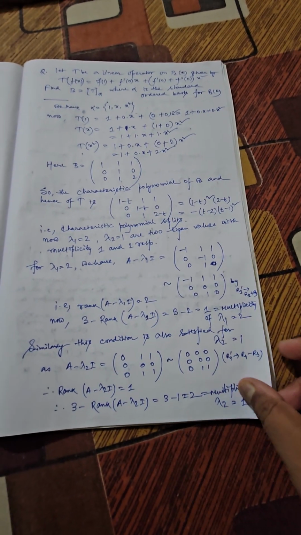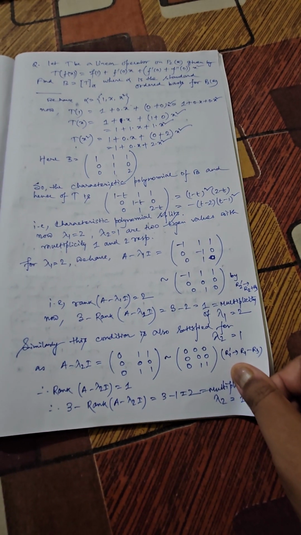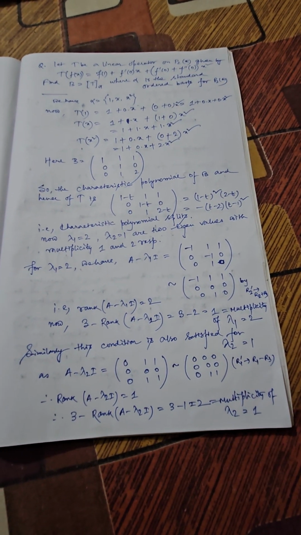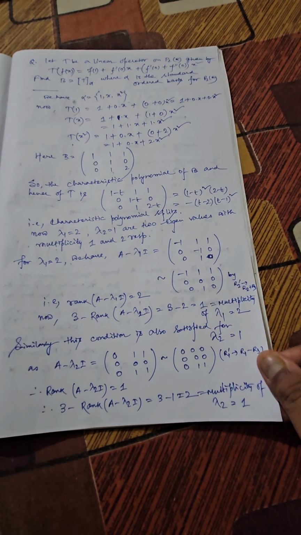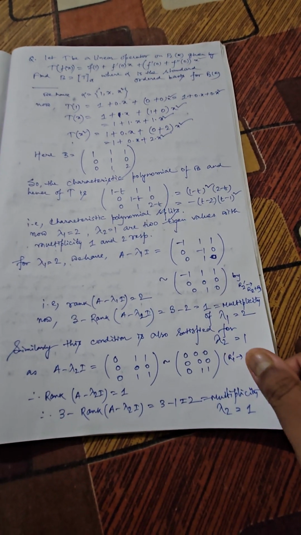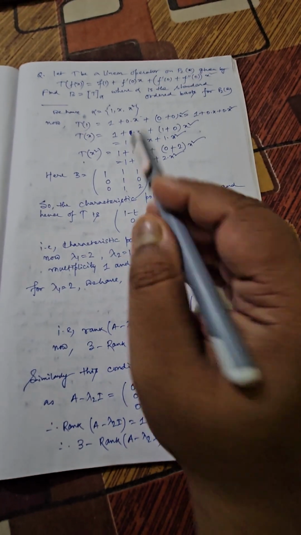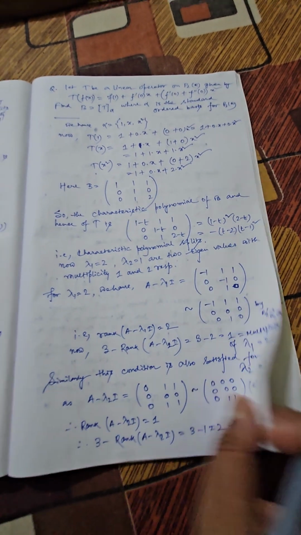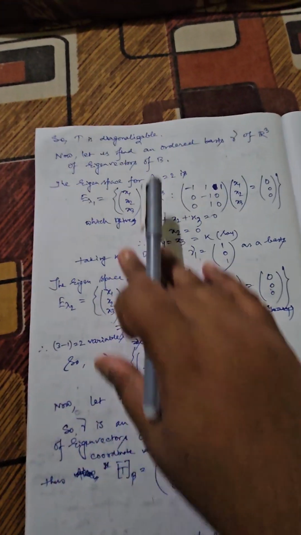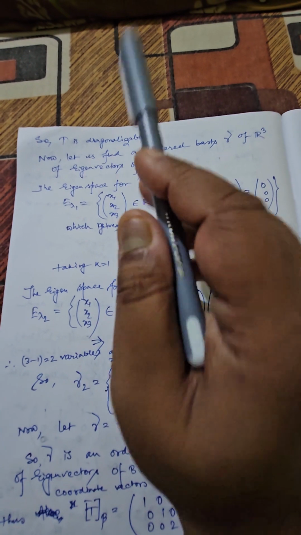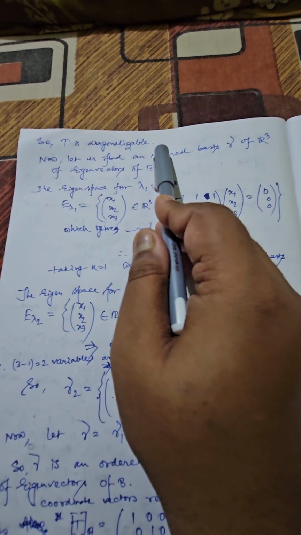So for both the eigenvalues, both the conditions we mentioned earlier are satisfied, and hence definitely the given structure is diagonalizable. That means this particular matrix is diagonalizable. If the matrix is diagonalizable, that means T is also diagonalizable.